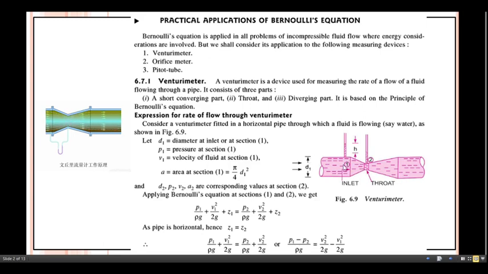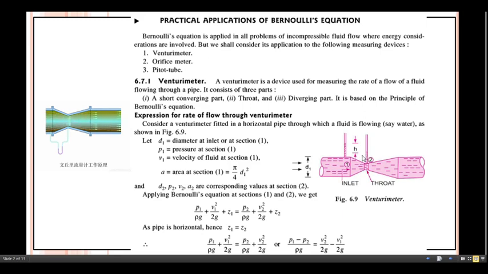The corresponding pressure is P1, and the corresponding velocity of the fluid at section 1 is V1. Small a1 indicates the area at section 1, which can be found using the formula pi by 4 into d1 square. A2, P2, V2 are the corresponding values at section 2. So here is section 2.